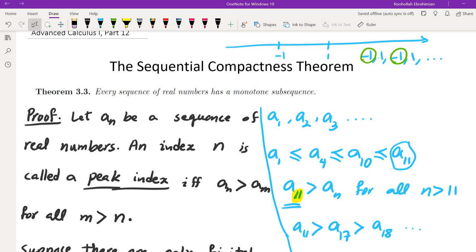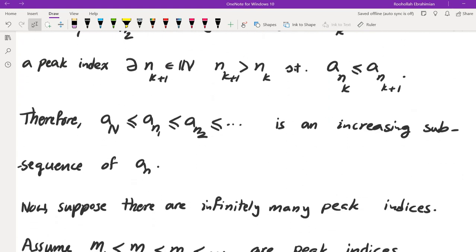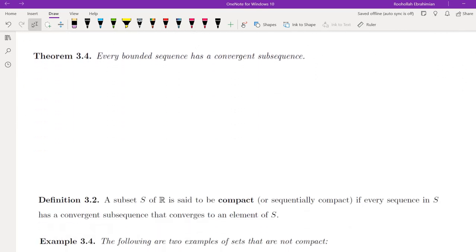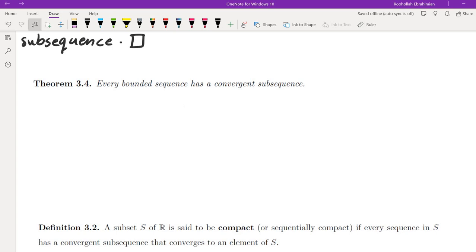This is more like an exercise, I would say maybe a pre-calculus exercise. But the application is very important in advanced calculus or real analysis. Okay, so let's prove the next theorem, which is the main application of that theorem above.